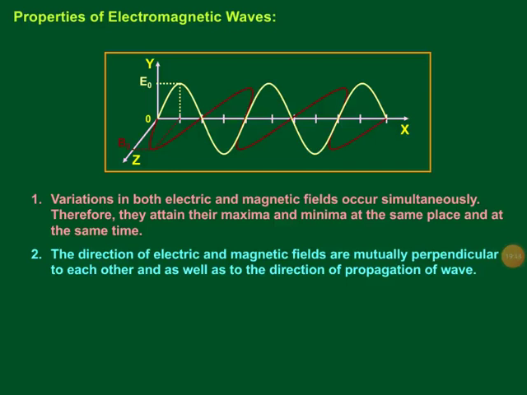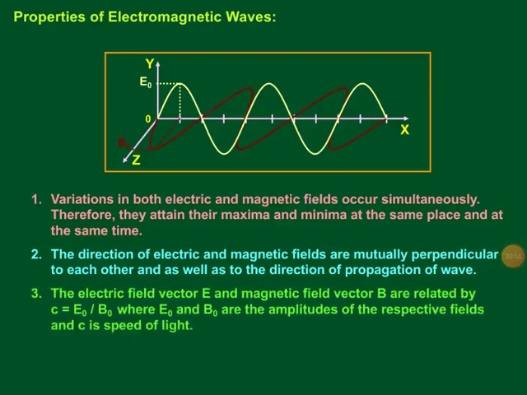Now if the electric and magnetic fields are varying perpendicular to each other in vacuum, then the electric field vector and the magnetic field vector are related with the speed of light in vacuum. That is, c is equal to E naught by B naught, where c is the speed of light in vacuum.